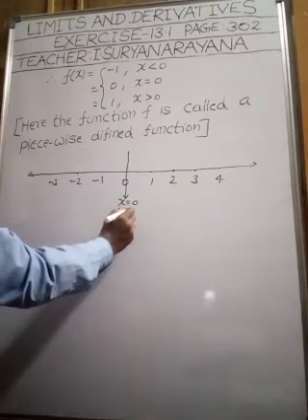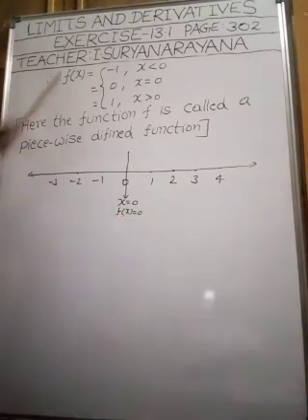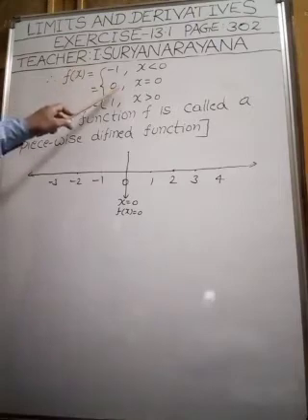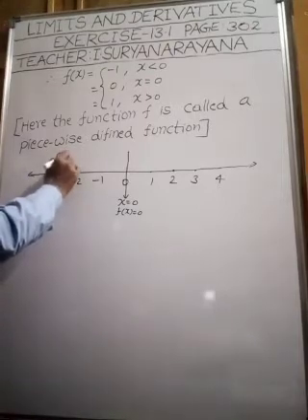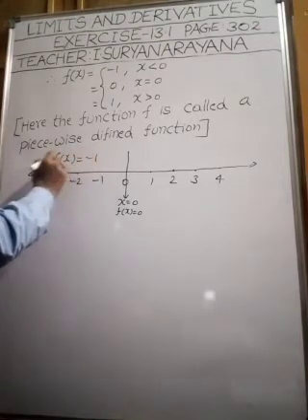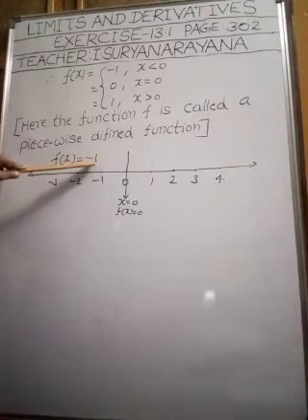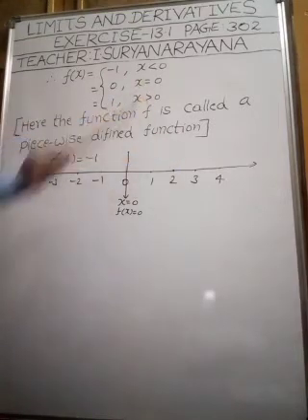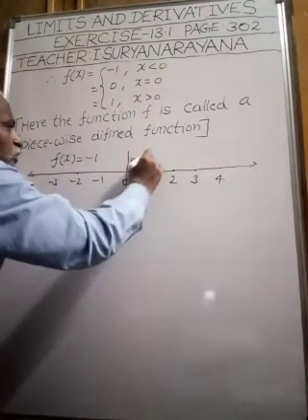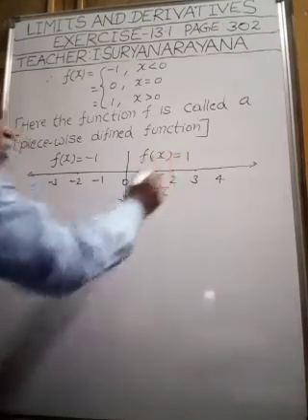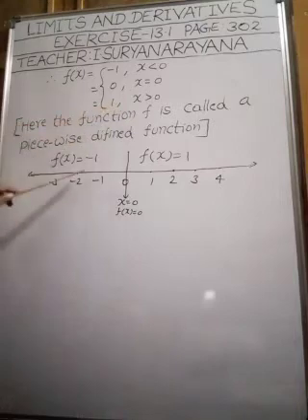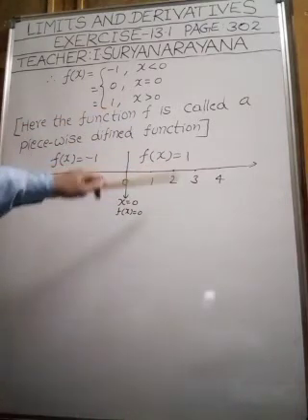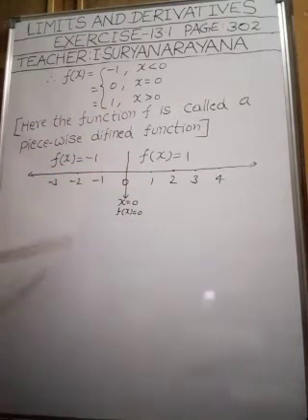At x is equal to 0, f of x value is 0. Left side, what is f of x here? Minus 1. What is the right hand side of 0? F of x is defined as 1. By using these results, I am representing the function on the number line. Understood this point, my children?